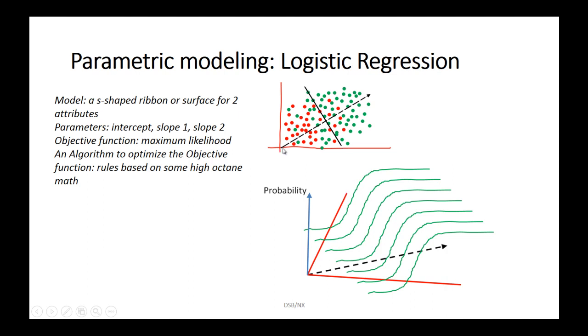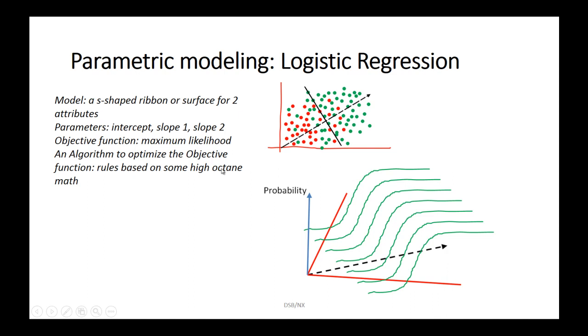The direction that is perpendicular to this solid line, shown as this dashed arrow, points out the direction where the probability of being bad should increase most quickly. And we are placing the sequence of S-shaped curves along this direction.